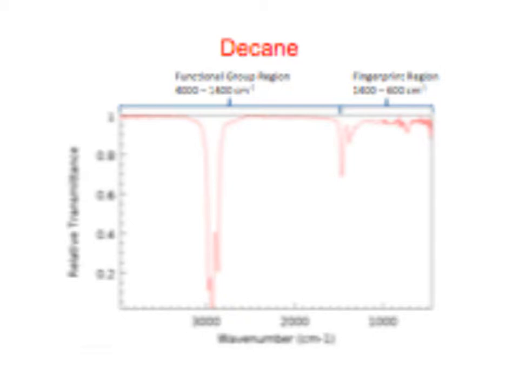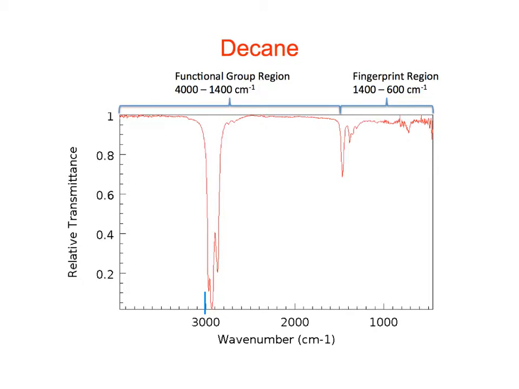So this is almost the spectrum with no functional groups, okay? And so the main thing we see here is starting just below 3000 reciprocal centimeters. This is a big carbon-hydrogen stretch, and this is where we see the stretch for the hydrogens that are attached to sp3 hybridized carbons. Okay?